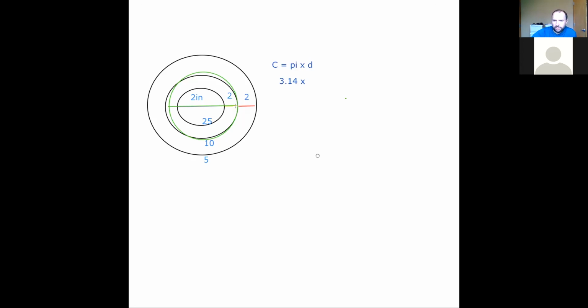So the diameter all the way across this thing would be 6. And once we know that, we can do 3.14 times 6. And that gives us 18.84. Rounded to the nearest inch, that comes out to 19 inches.